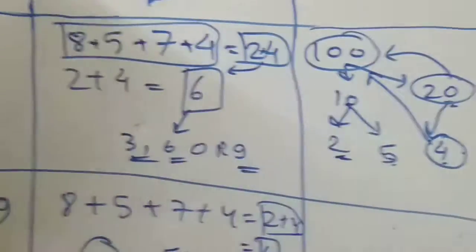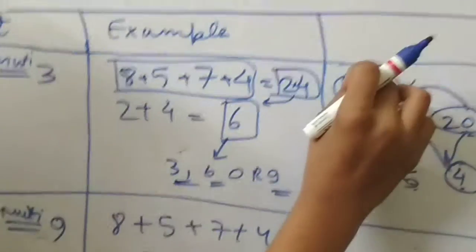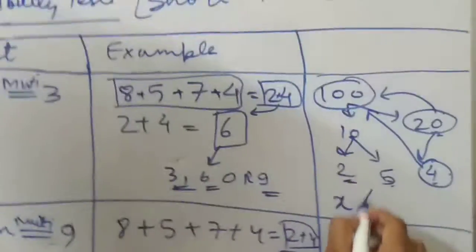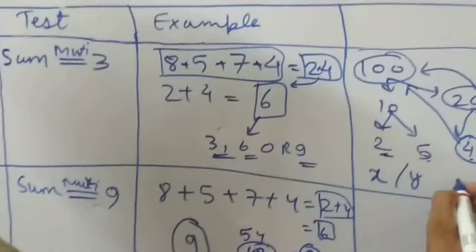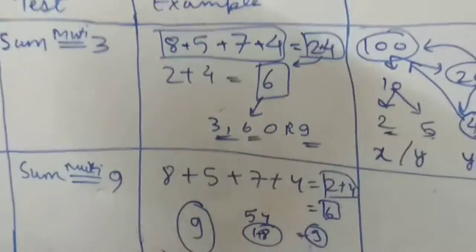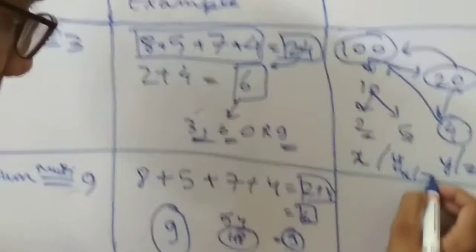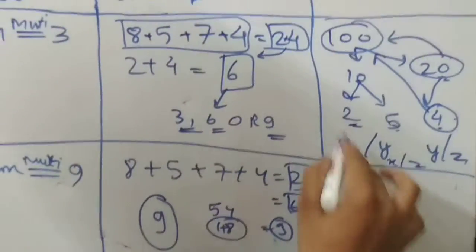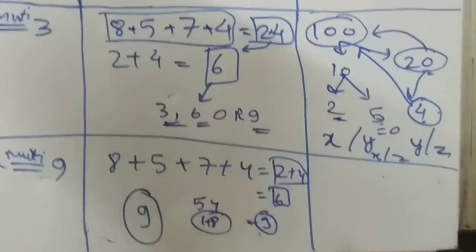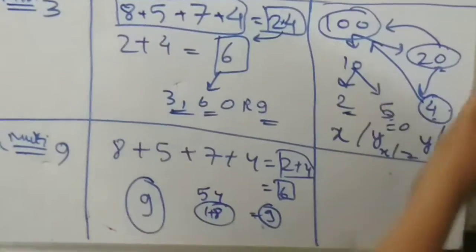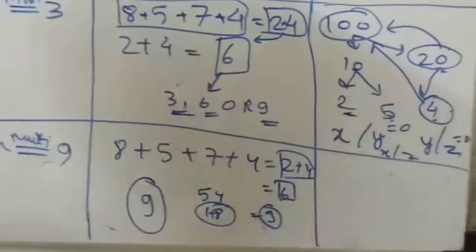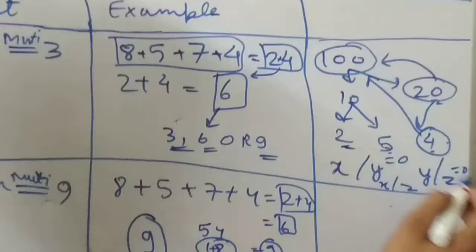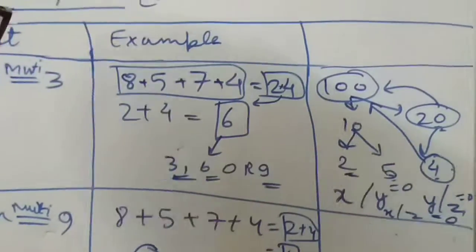On this property: if a number x is divisible by the number y, and y is also divisible by z, then x will also be divisible by z. That means if x divided by y gives remainder 0, and y divided by z gives remainder 0, then x divided by z will also give remainder 0.